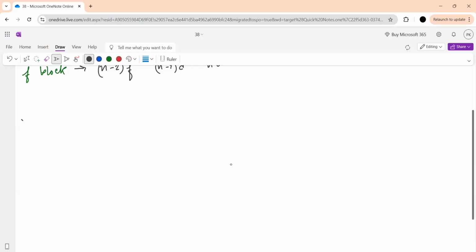The four quantum numbers we have are n, l, m, s.